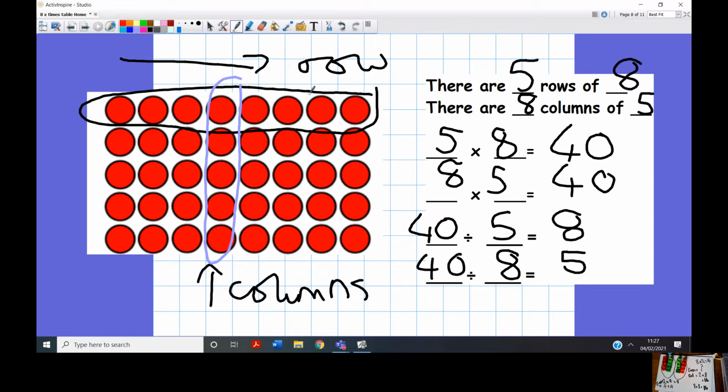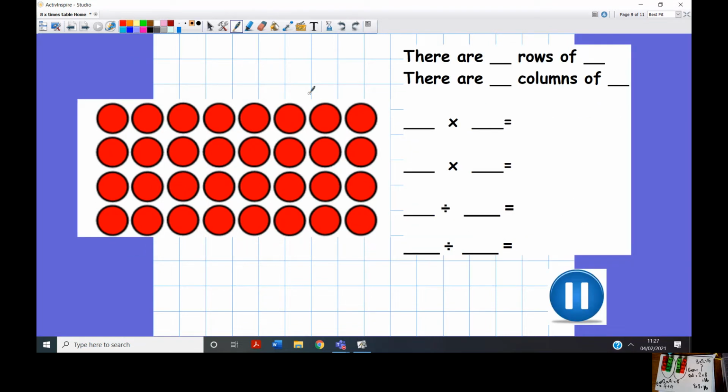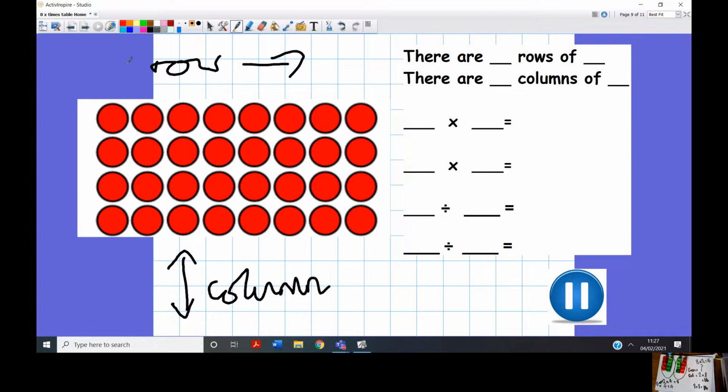Right, here is your chance to practice your array knowledge with your 8 times table. So remember, row is across and column goes up and down. Just remember that. That's not very good handwriting, is it? There we go, a bit better.